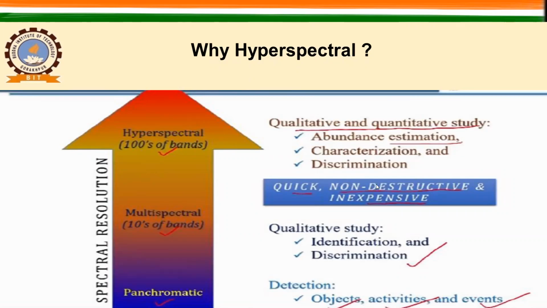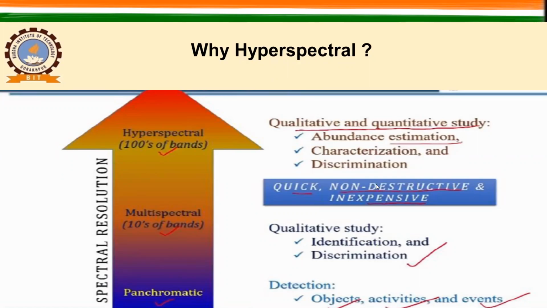In multispectral you have 10s of bands, but you have gaps in between, and the bandwidth can be a little bit broad. But in hyperspectral, you have 100s of bands, and you don't have any gap between the bands. So you have continuous information about the target across the wavelength, right?